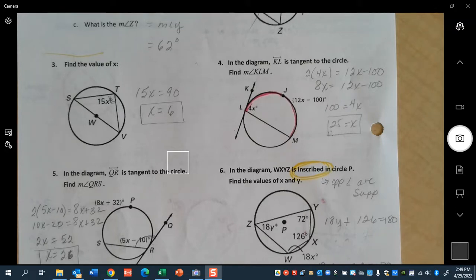Now, you've got to pay attention to that equal sign, because if you're going to say 4x is equal to 12x minus 100, they're not equal. 12x minus 100 is double 4x. It's twice as big. So if you want to make them equal, you got to double the little one. Double this is equal to that. This is half. So you got to double it.